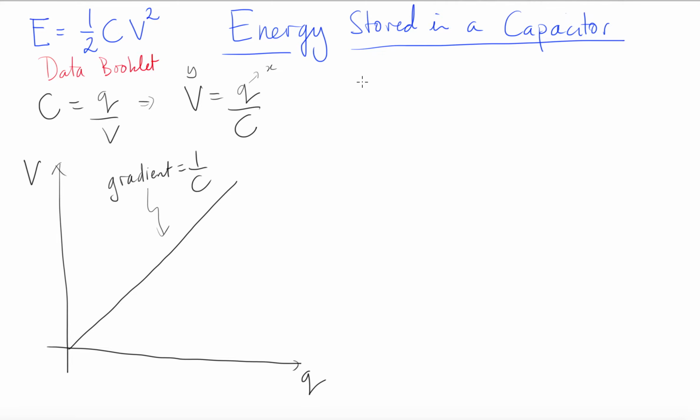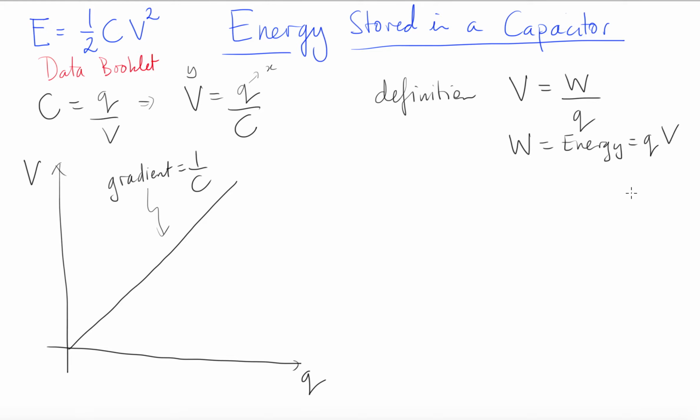Now, also, if you remember the definition of potential difference, it is the work done per unit charge moving charges across an electric field. So, in other words, the work done, or the energy, is the charge times the potential difference.